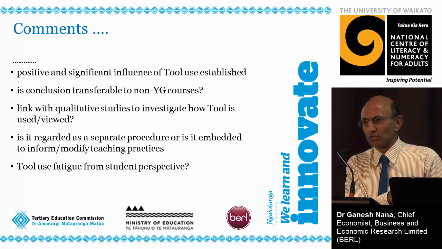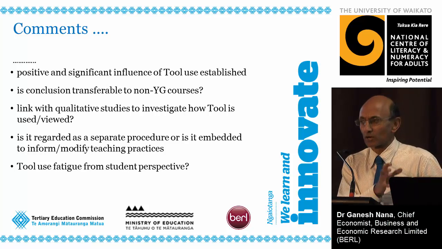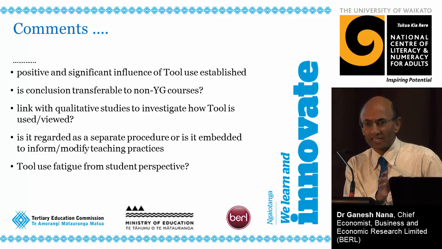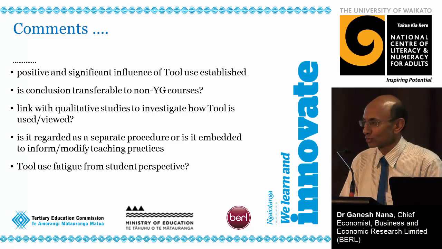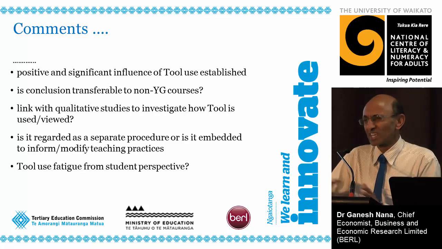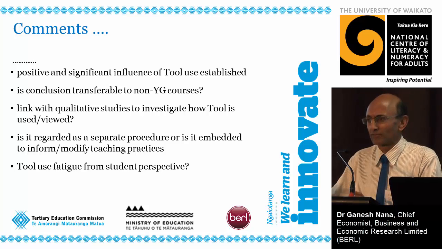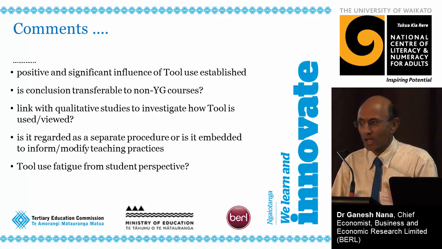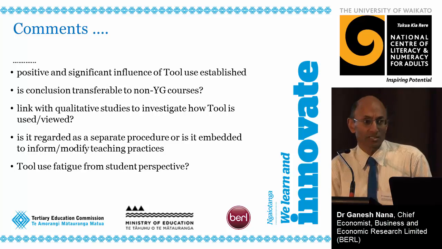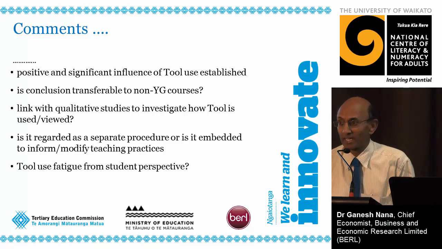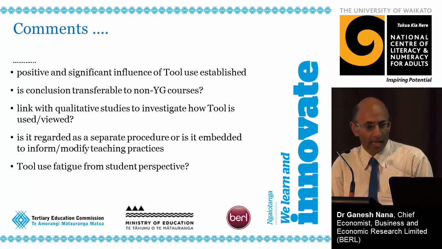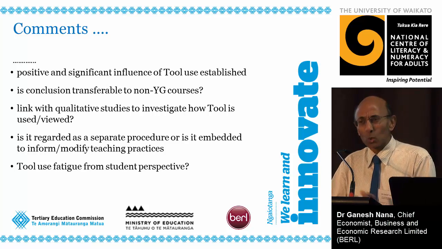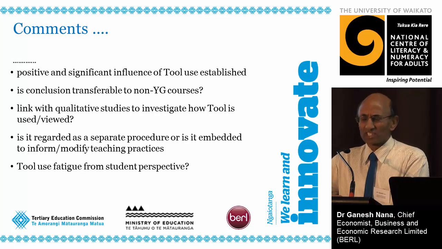How transferable is this conclusion from the Youth Guarantee data set to other data sets or other observations in the tertiary education sector? I suppose that's the next step that I would dearly love to get into, because I just love playing with numbers, but I think it is also, from a policy and implementation perspective, a critical question that we need to ask.